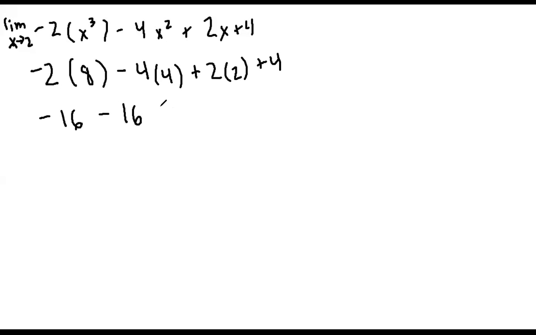And then we have plus 4 plus 4. If you solve that out, you have negative 16 minus 16 plus 4 plus 4. It should be negative 24. So this would be the limit.